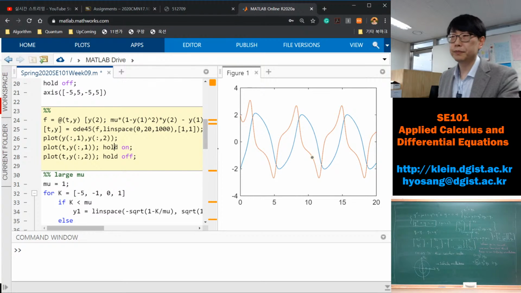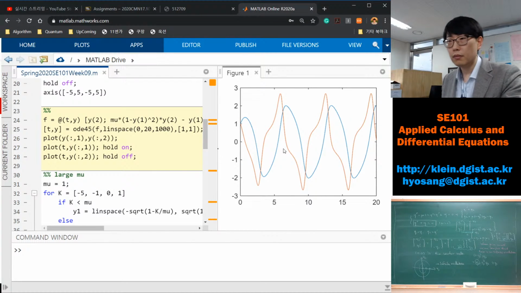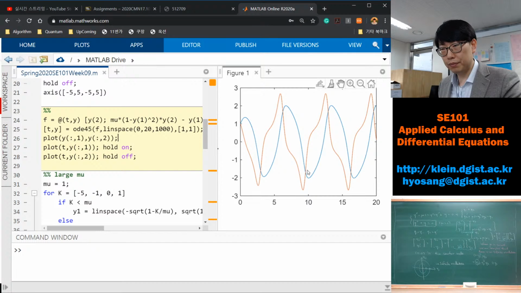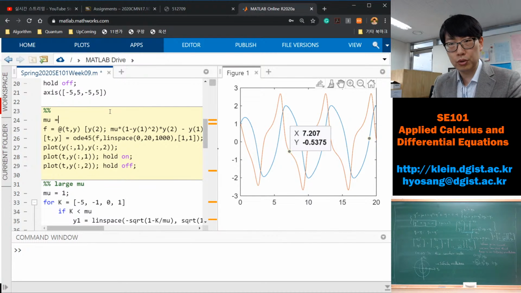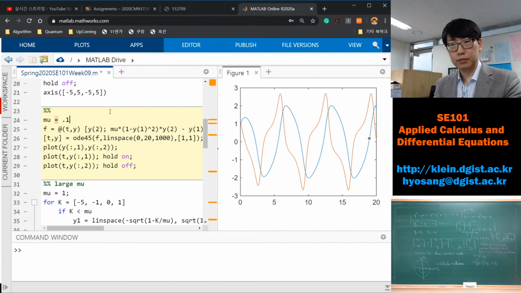It's still not a sinusoidal curve, but it's closer to a sinusoidal curve than the previous. I'm sorry, I forgot to change the mu. Okay, mu is 0.1.